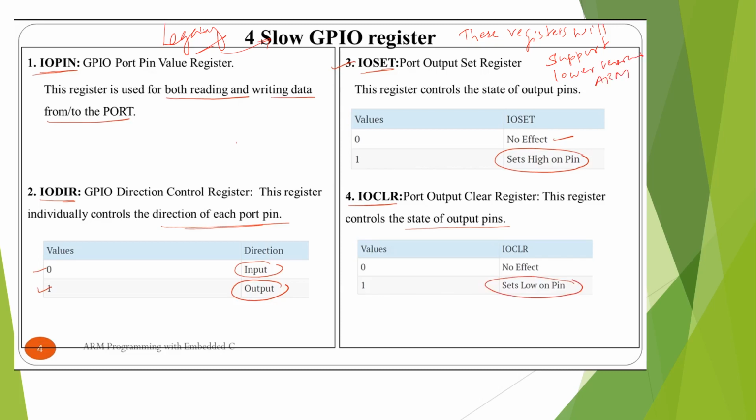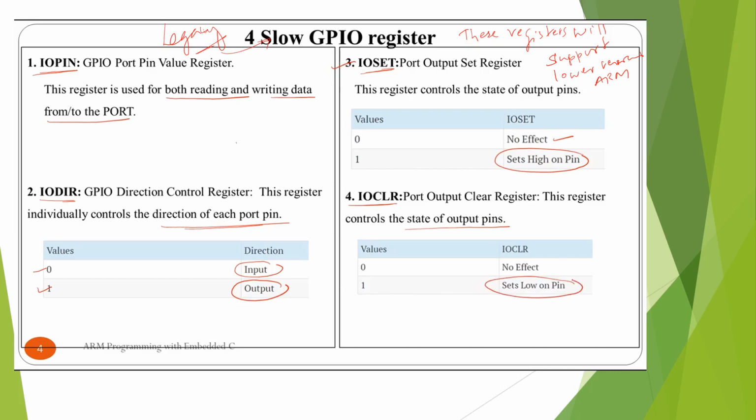Even though these registers belong to the ARM7 LPC2148 processor, it supports lower versions also. That's why it is called legacy or slow GPIO registers. These are the four important registers.